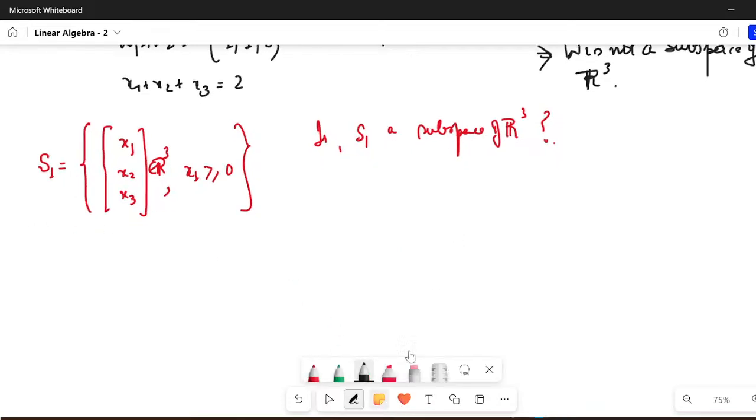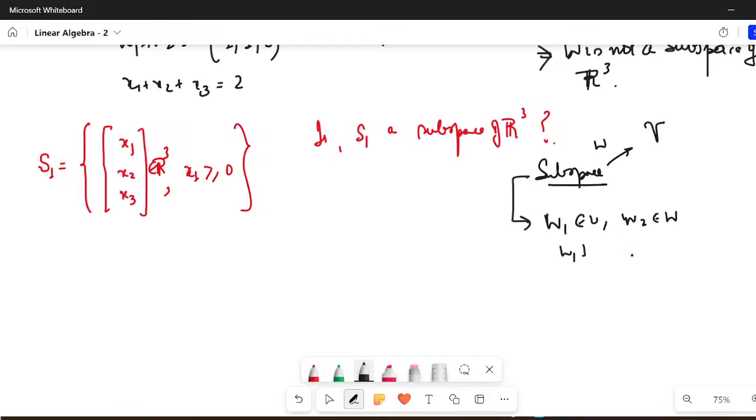Okay, so I already taught you the definitions for subspaces. One of the very lenient sorts of definition, which is with more conditions, is that if I'm saying that W is a subspace of V, then one thing is clear, that W1 belongs to W, W2 belongs to W, and then W1 plus W2 should also belong to W. Secondly, if alpha is an element of field F, then alpha times W should belong to W. And you can also place a third condition.